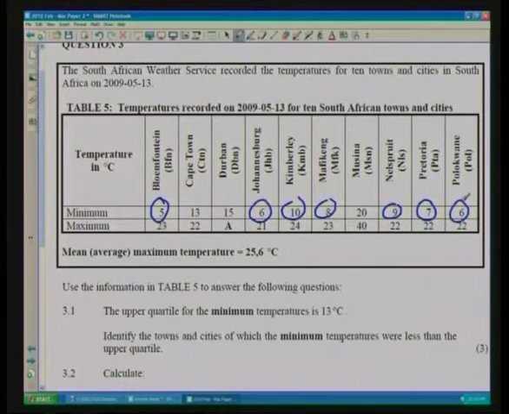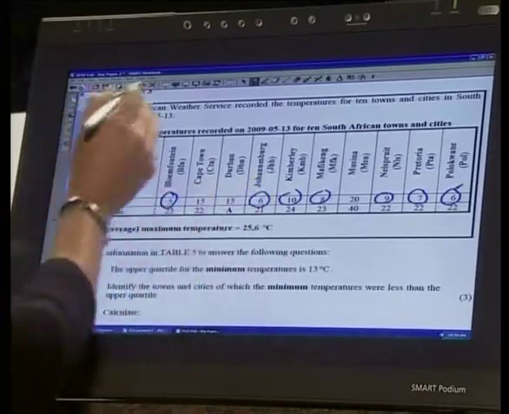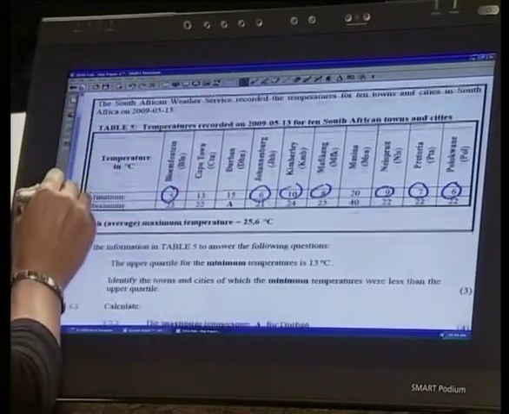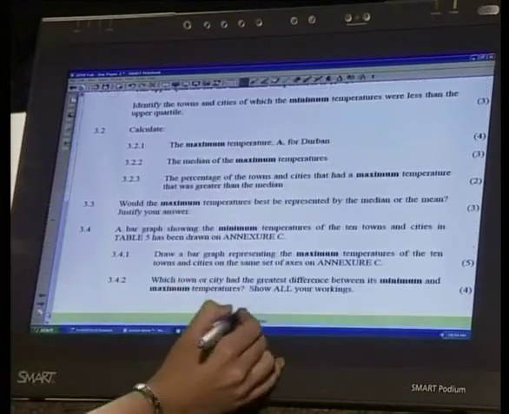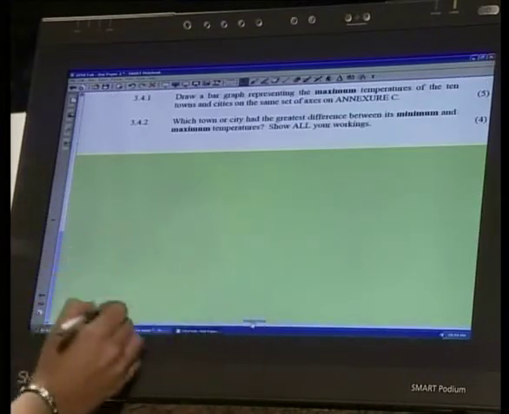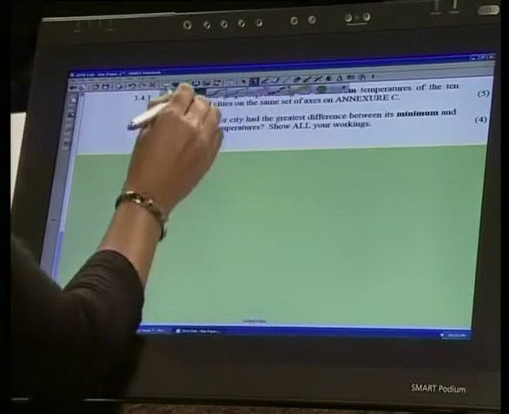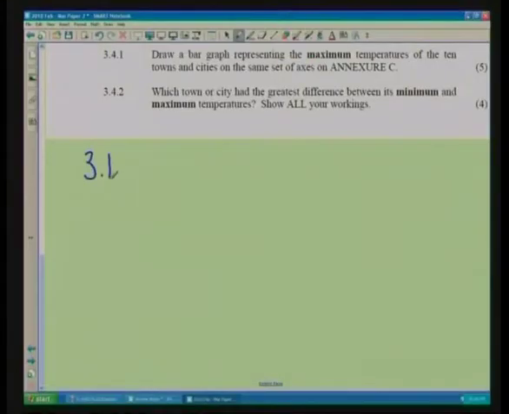And then they ask us to write down those cities' names. So if I just go down the bottom here, this is 3.1. What were those cities? If we go back and have a look at the table, I'm just going to make a quick note. I'm just going to use the abbreviations. You can obviously write out their full names if you want to.